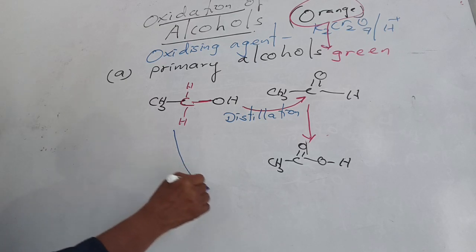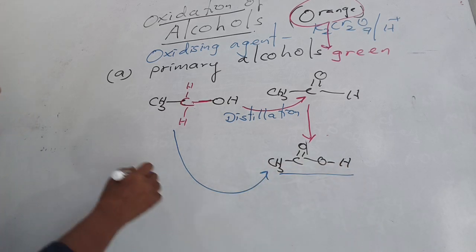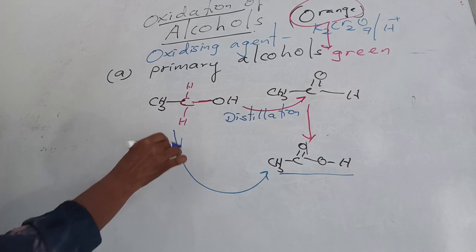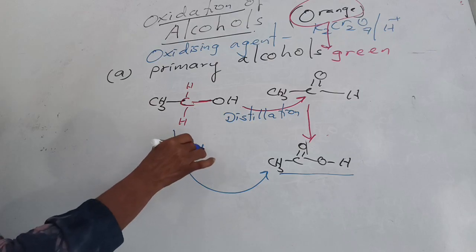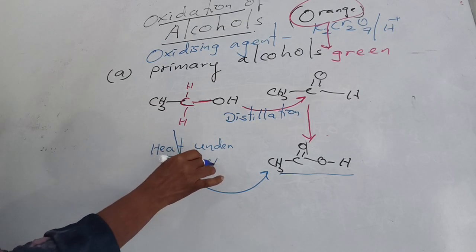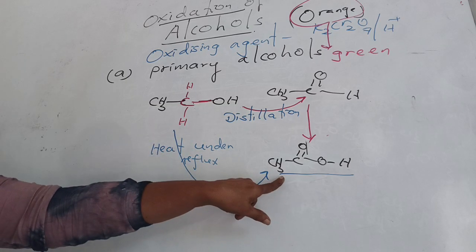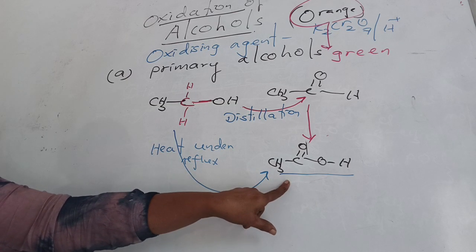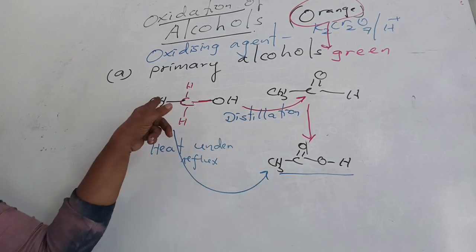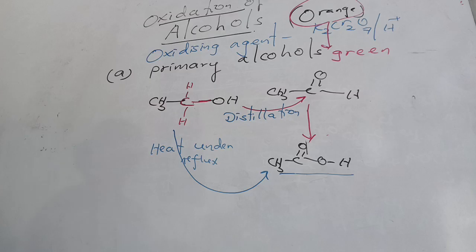But if you wish to obtain the final product as the carboxylic acid, which is ethanoic acid, the apparatus should be heated under reflux, including a vertical condenser. In that condition, the alcohol undergoes full oxidation and the final product is the carboxylic acid. We started with 2 carbons, therefore it is a 2 carbon carboxylic acid.